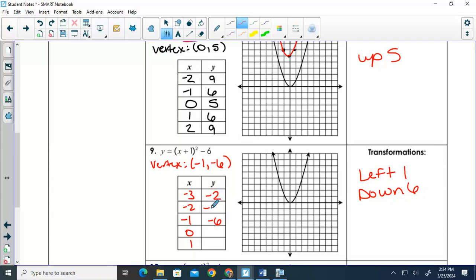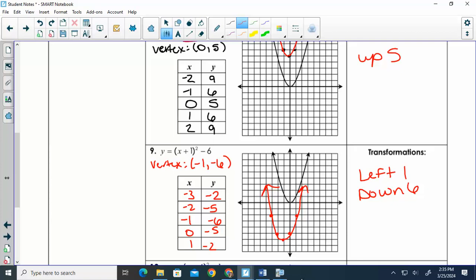Then -5, -5, and -2. So were we right? Did our graph move left 1 and down 6?